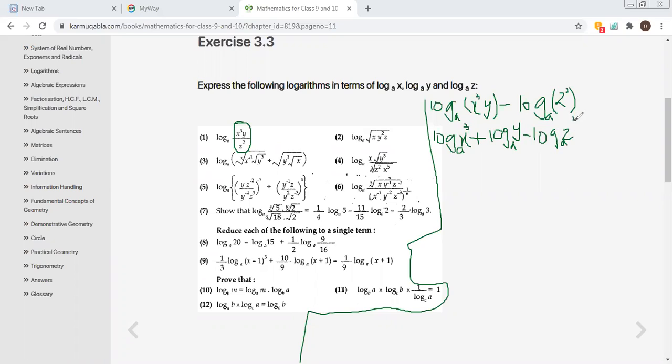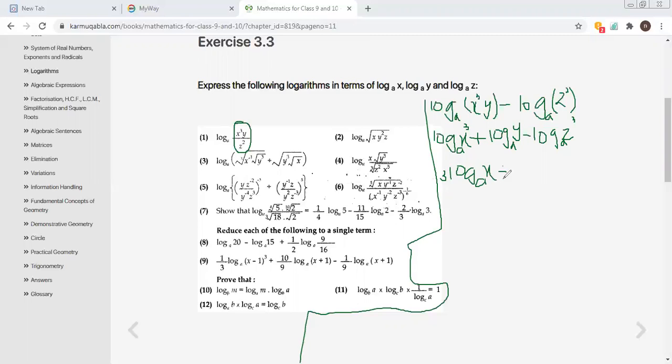Now according to law number 3, when the power is on the number, it will be written before the logarithm, as a product with the logarithm of the number.